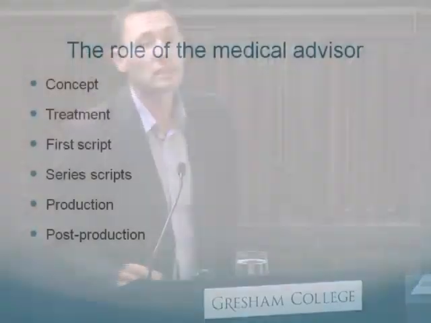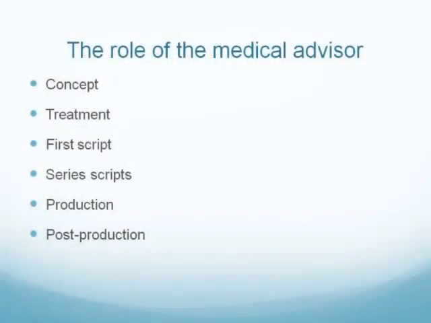The process by which a television series is made is obviously variable, but for me these are the main milestones that I've observed. It's a fairly linear process, and you could probably guess most of these yourselves. It starts with an idea, obviously, the concept. Then the concept, if people like it, is worked up into a treatment. A treatment is about a 10-page document which describes the characters and what might happen to them and some of the plots.